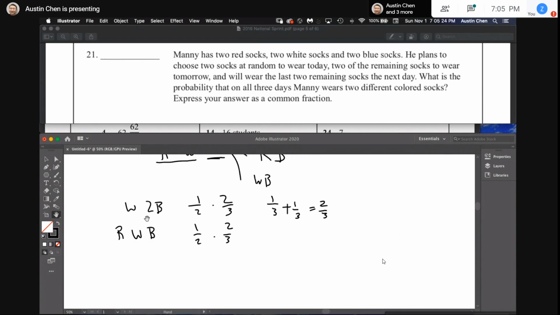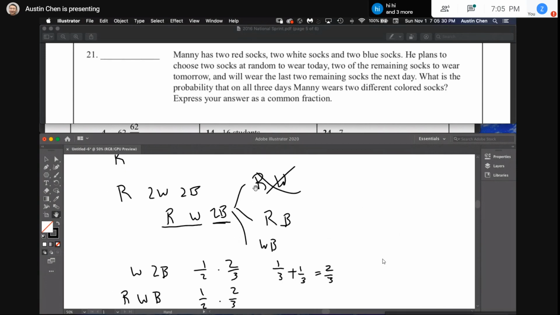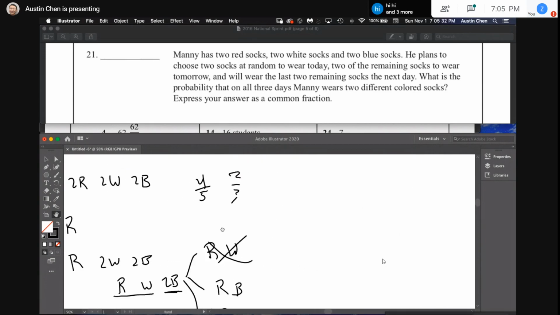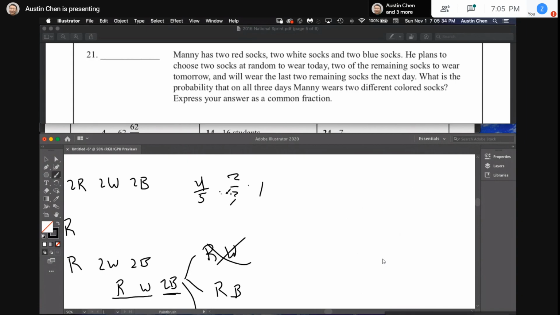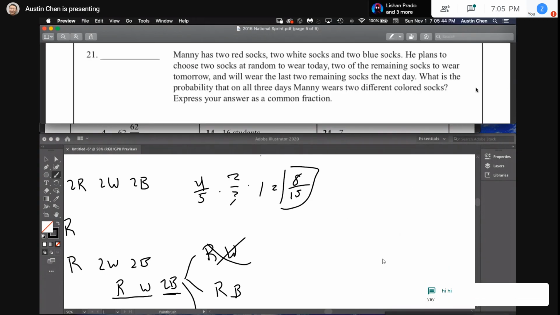We will be left with already different colored socks, right? Because we already ruled out the case where it gives you matching socks. So that means our last day will be 1, right? So then we just multiply these together and we will get 8/15. And yeah, that's your answer, 8/15.